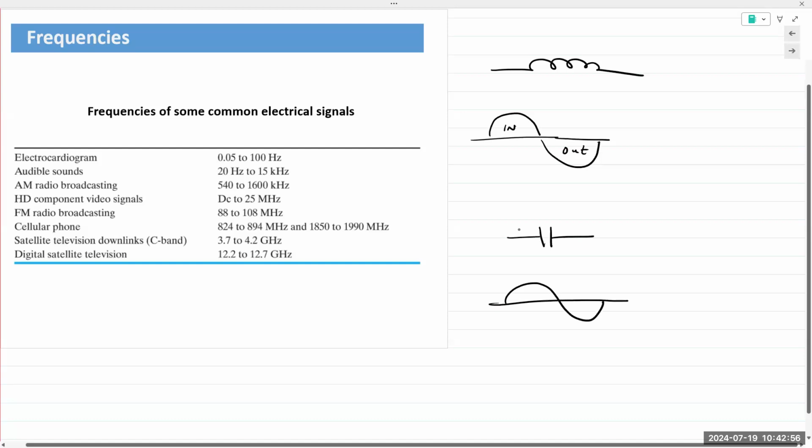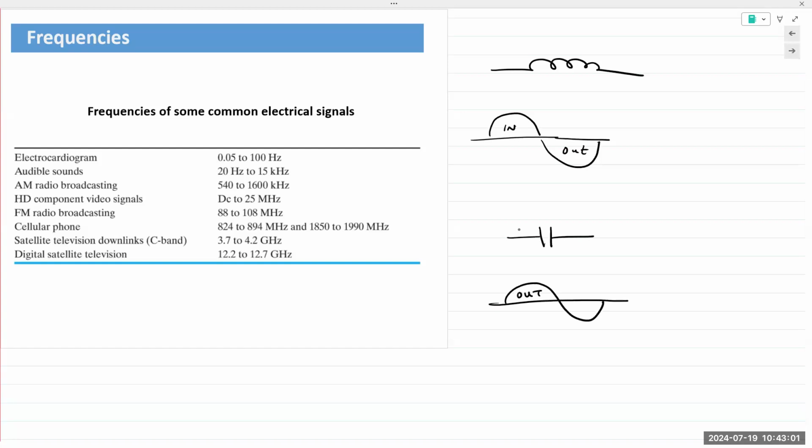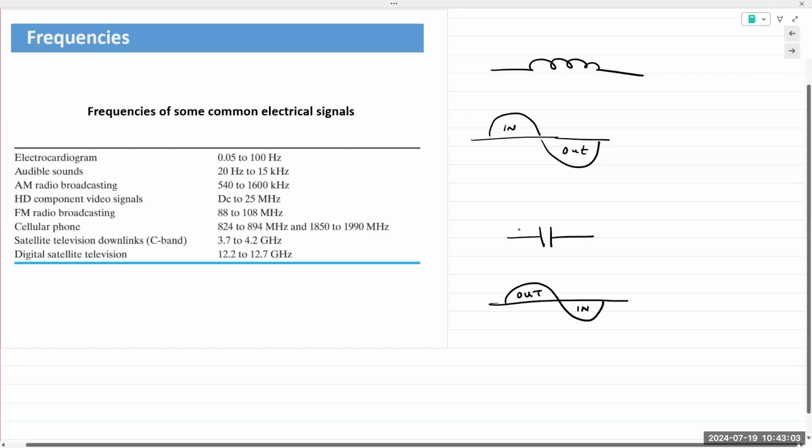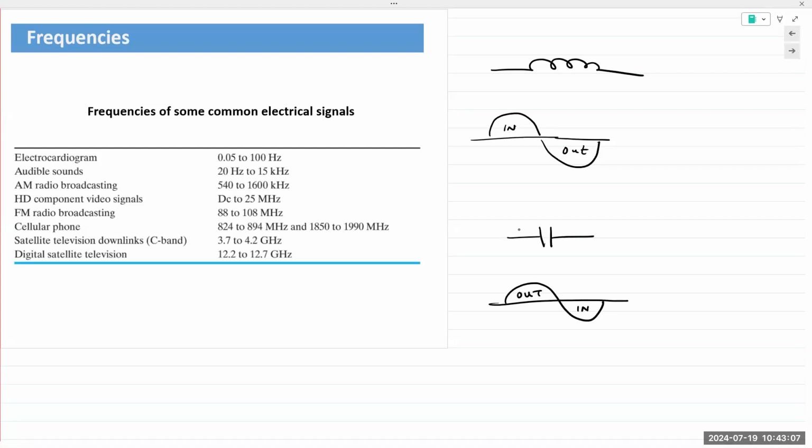Remember, impedance for a capacitor is negative. So in the positive half cycle, it flows out. In the negative half cycle, it flows in. This is an important concept that we will use later on. Depending on how high the frequency is, the rate of the energy transfer changes. And this principle is what we will use for electronic filtering.